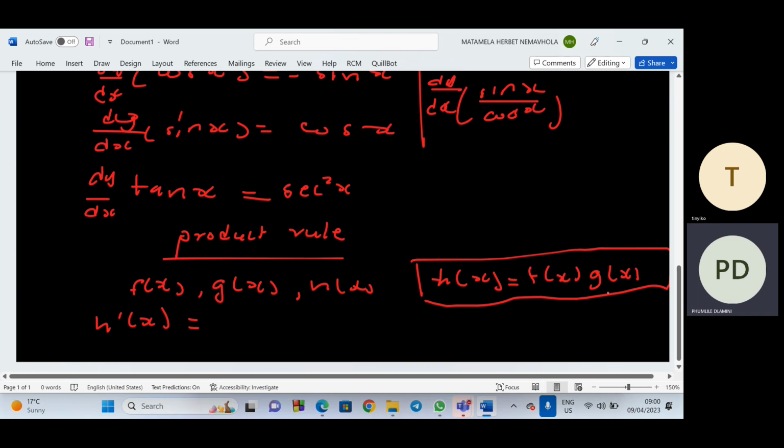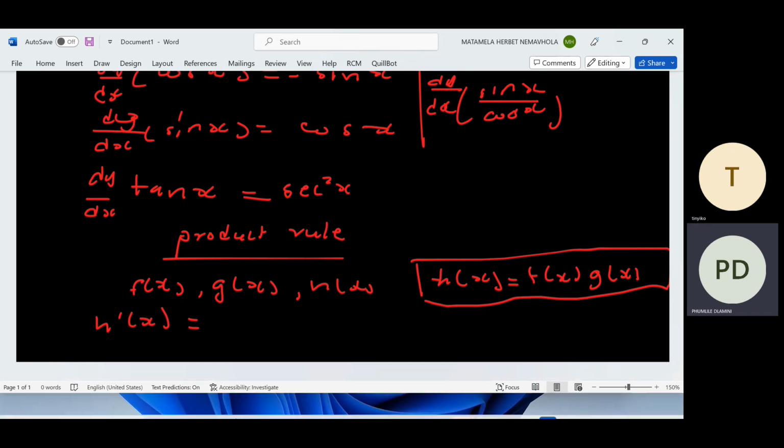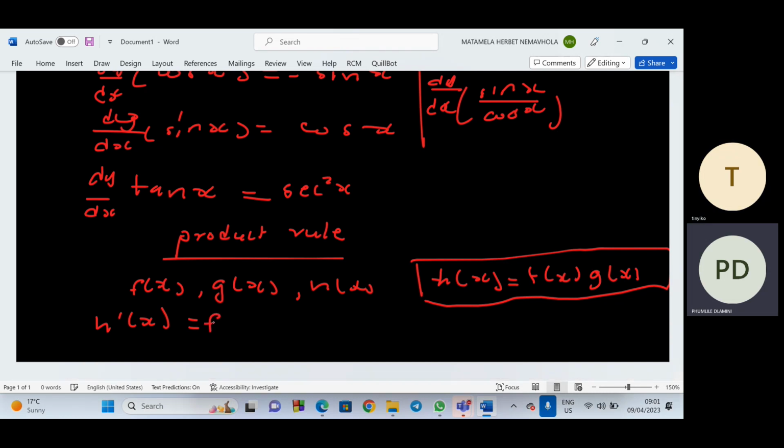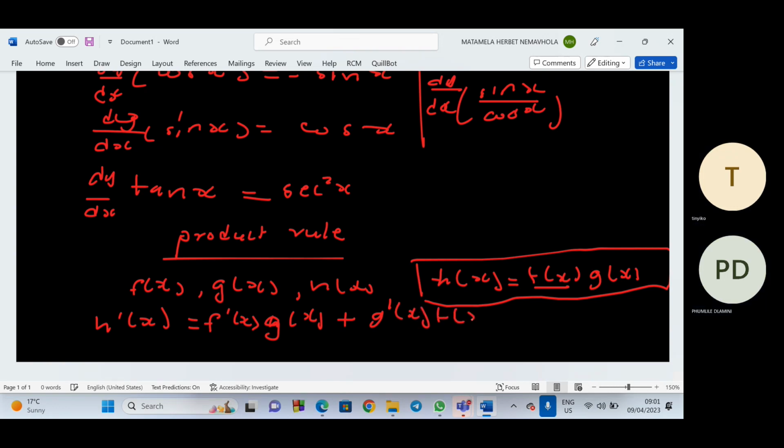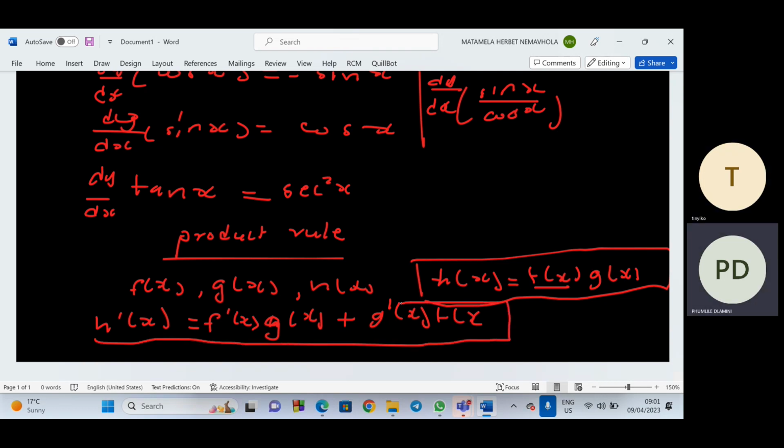The product rule applies when two functions are multiplying each other. I will differentiate first: f prime of x multiplied by g of x. After differentiating this function and multiplying with g of x, I will add plus g prime of x, which is the derivative of g of x, multiplied by f of x. So this is a formula to differentiate two functions that are multiplying each other.